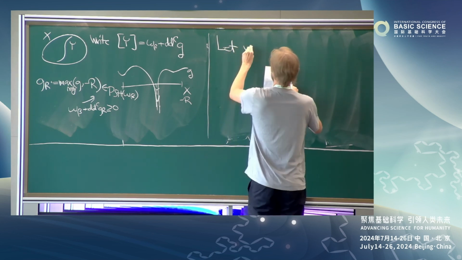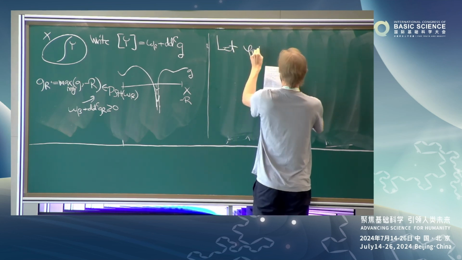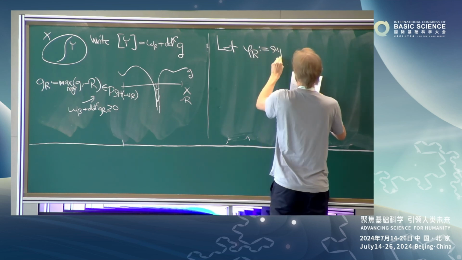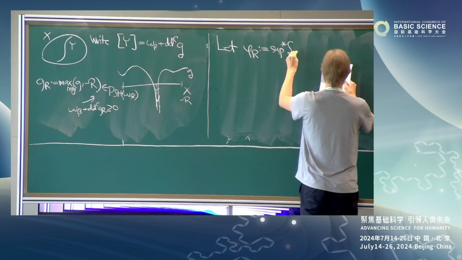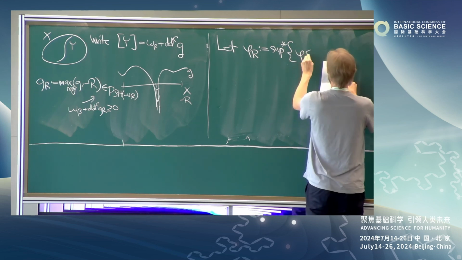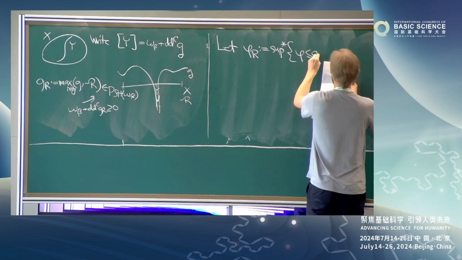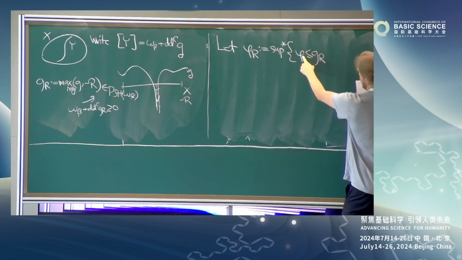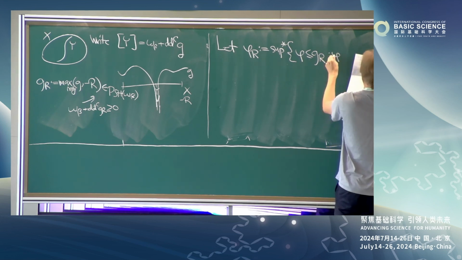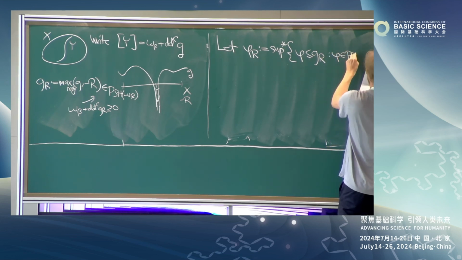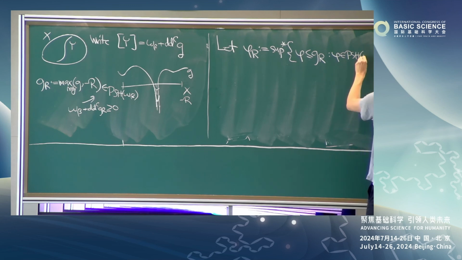Okay, so now comes the key thing here. We let phi_R be this supremum: we take the supremum of all phi bounded from above by g_R, all phi which are PSH with respect to omega alpha.